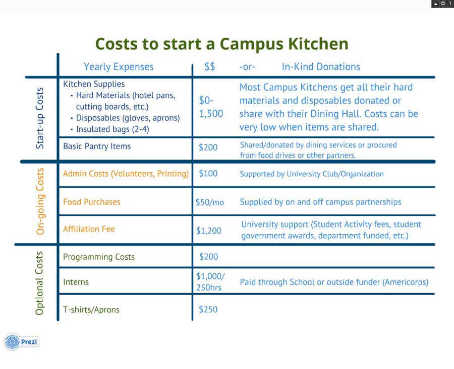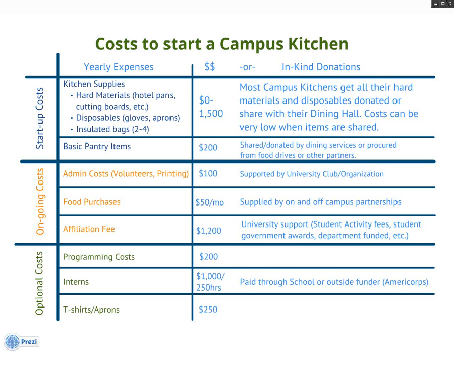One thing to note, though, is that CKP does require an annual affiliate fee of $1,200 to be associated and be a part of our network. This $1,200 provides each school with numerous benefits, and we'll go into this a little bit more in a bit, including a host of resources and tools and a ton of different grant opportunities that are offered through our network exclusively to our affiliates.